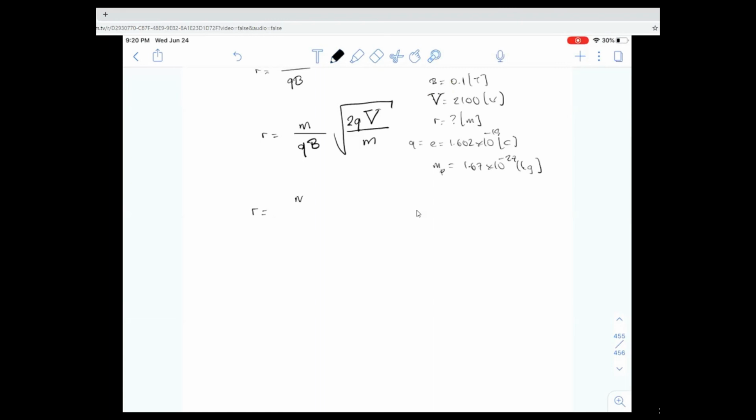Everything gets squared, and then I will take the square root of everything. So I'll just get rid of the like terms. These two cancel, these two cancel. Do we have any other cancellations?